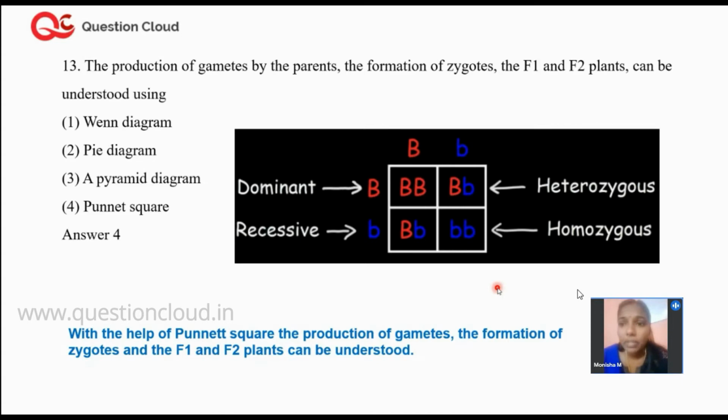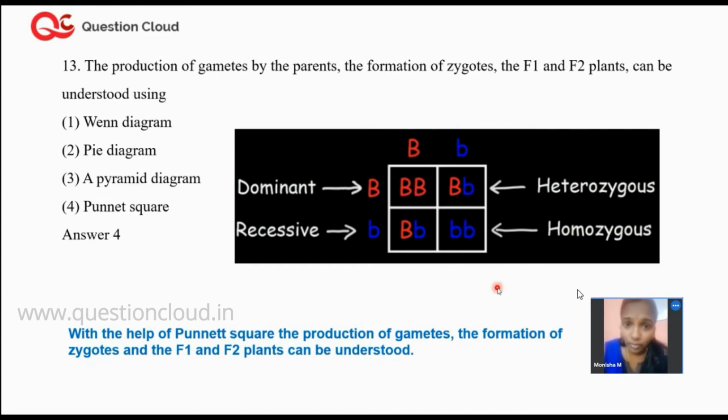If you remember genetics, you have studied genetics. So who is the father of genetics? Gregor Mendel. Very good, excellent. So what are the 3 postulates that Mendel gave? Do you remember?